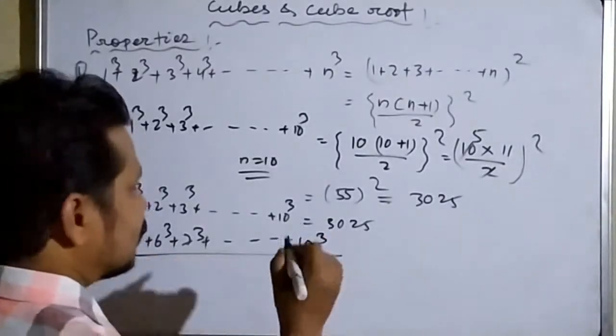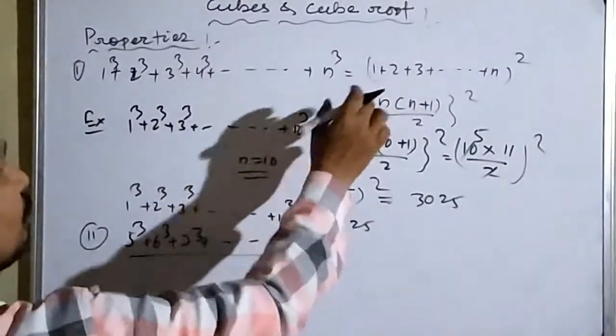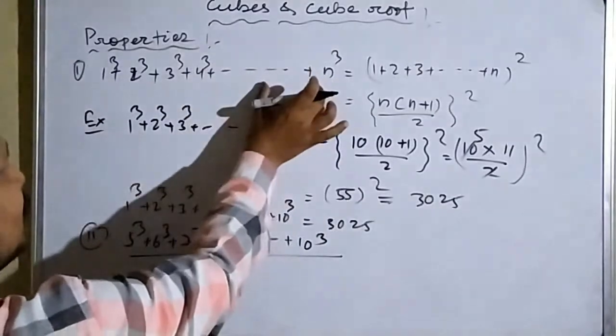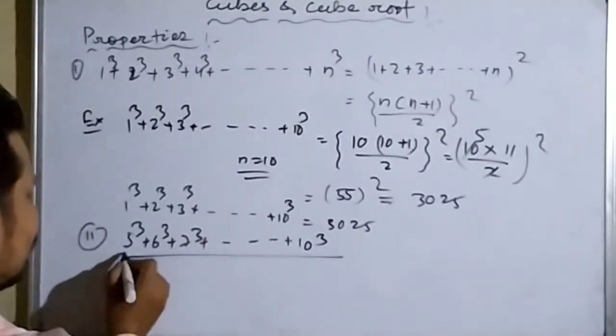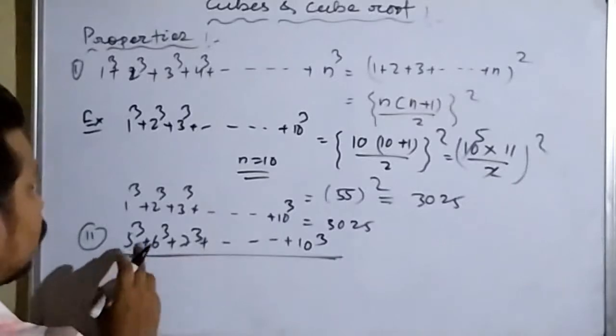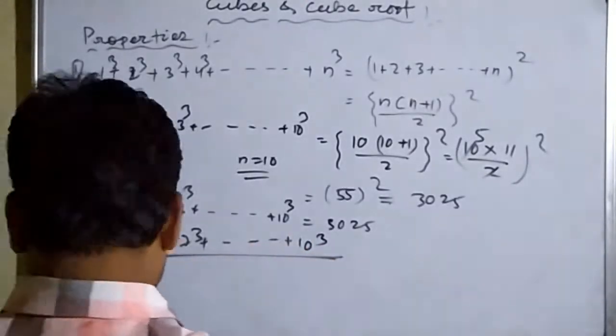So what is the result? Already we know the formula, and in the formula the series starts from 1 up to n. But here the series does not start from 1, it starts from 5. So how can we solve this?